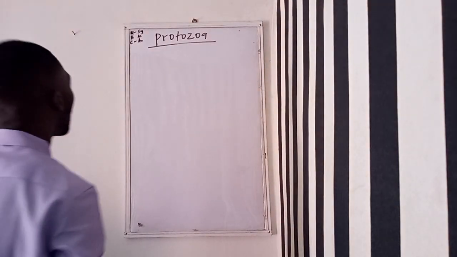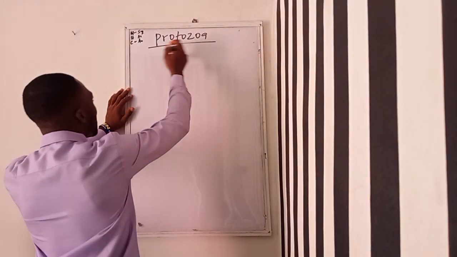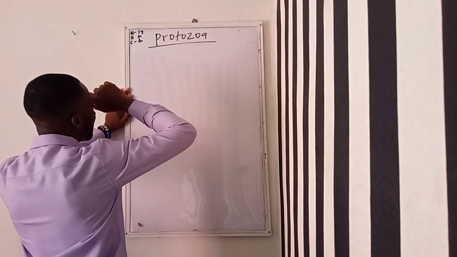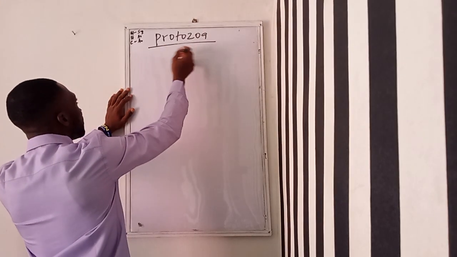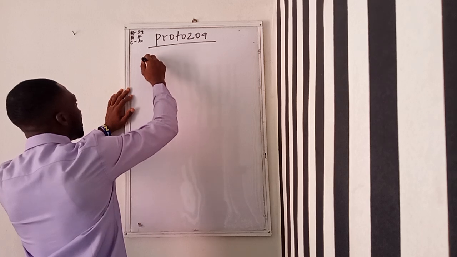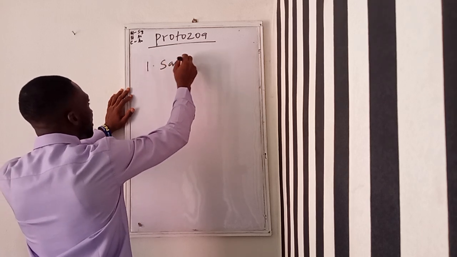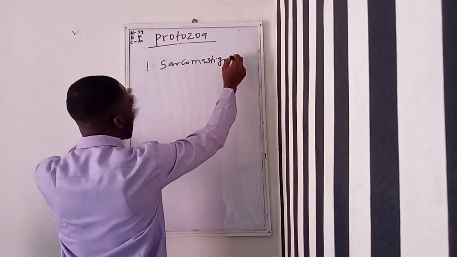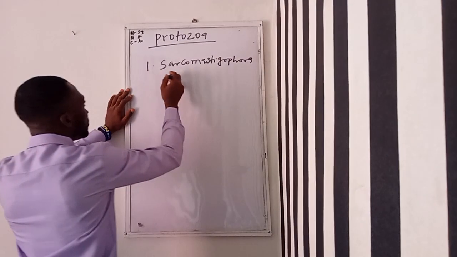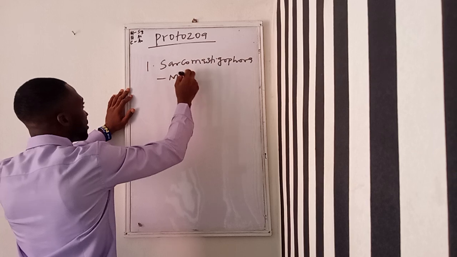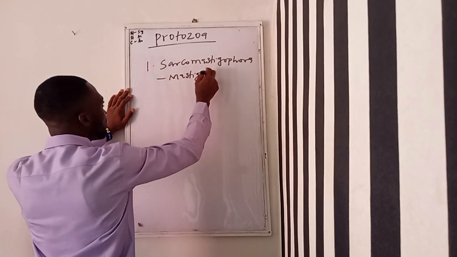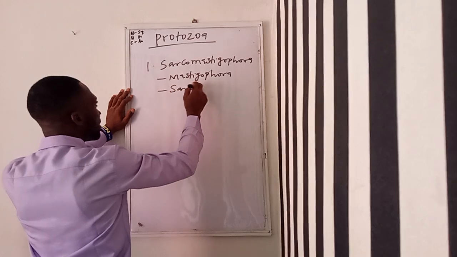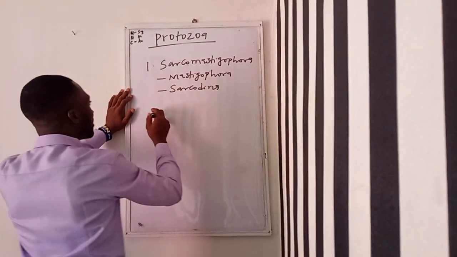Classification of protozoa. Protozoa can be classified into four different groups. We have the Sarcomastigophora, which is made up of Mastigophora and Sarcodina.